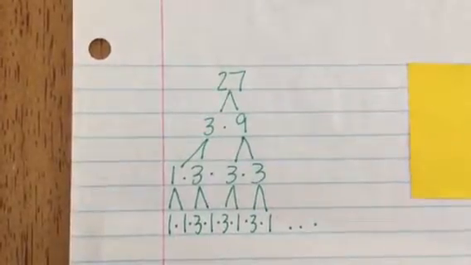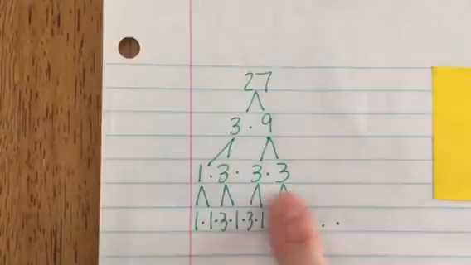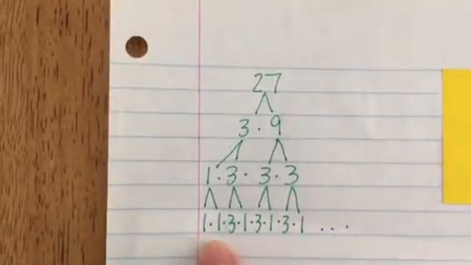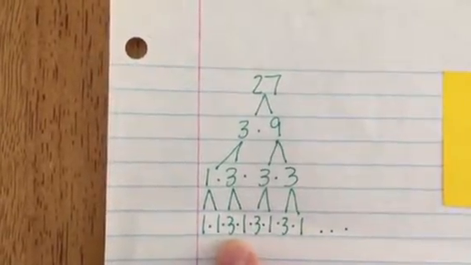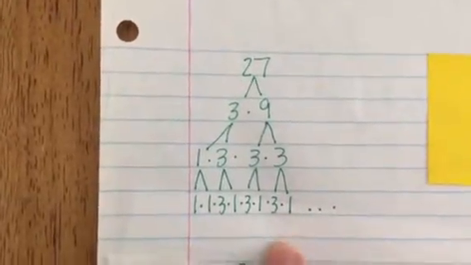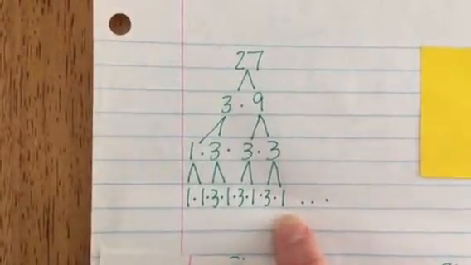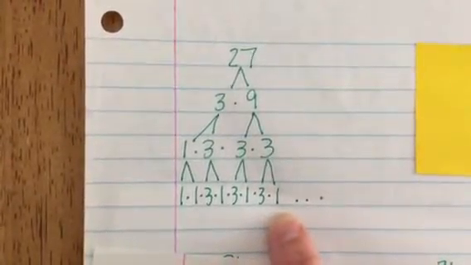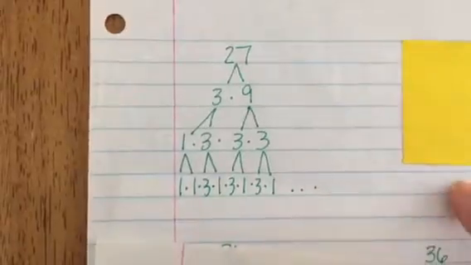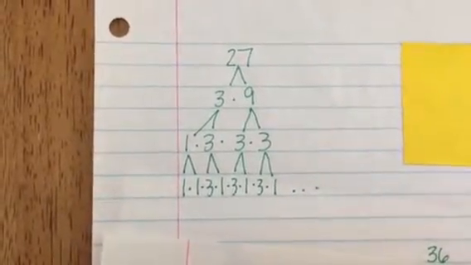I said 3 times 9 is 27, and 3 is 1 times 3, and 9 is 3 times 3. And then 1 is 1 times 1, and 3 is 3 times 1, and so on, and I could go on and on and not really get anywhere. 1 does not go into a prime factorization, because we can say times 1, times 1, times 1 to infinity, and it doesn't really change the value of the number.